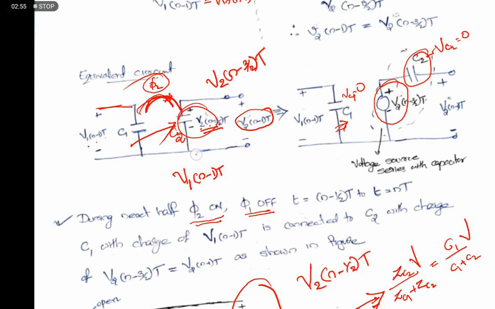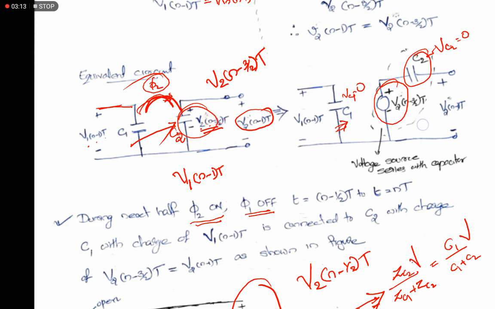Because the voltage across C2 changes only at n minus 3 by 2, n minus 1 by 2, n plus 1 by 2, etc., the odd half cycles. And this will be an equivalent circuit of the same circuit.